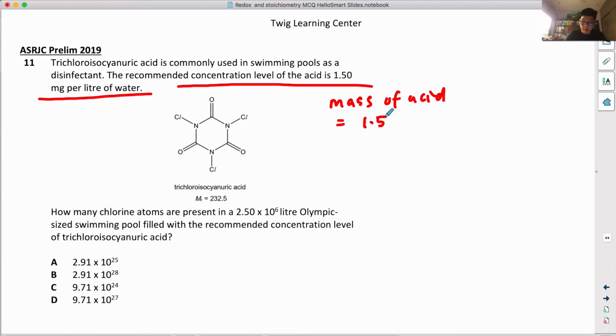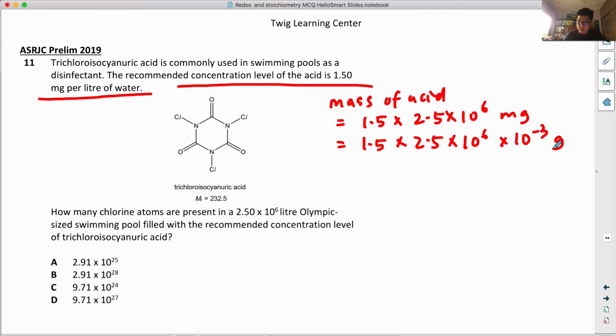You use 1.5 times 2.5 times 10 to the power 6, and the answer here will be in milligrams. You want to change it to grams, right? So you must times 10 to the power minus 3. This is grams.